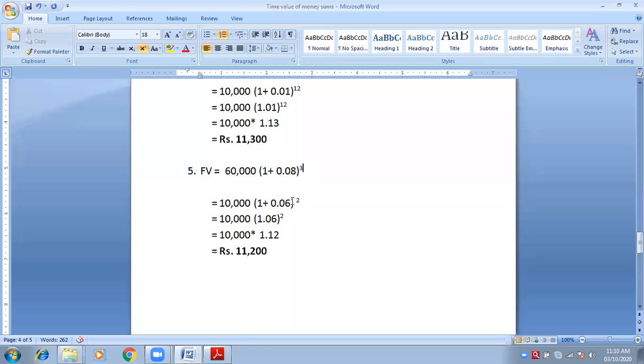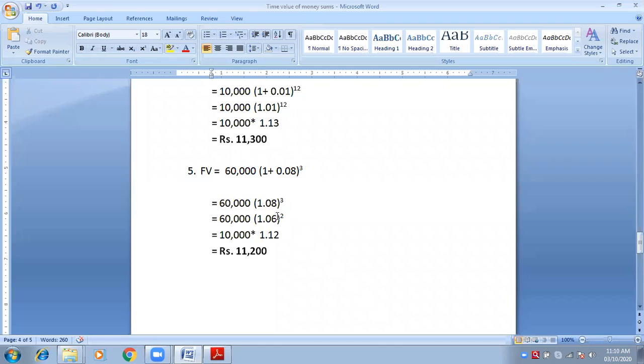So inside the brackets, 60,000 will be same. 1 plus 0.08 is what? 1.08 raised to what? 3. So 1.08 into 1.08, the answer is of second year.